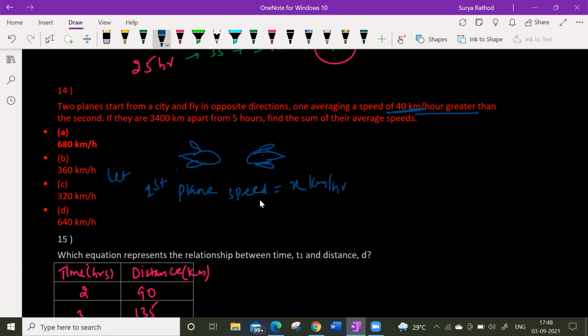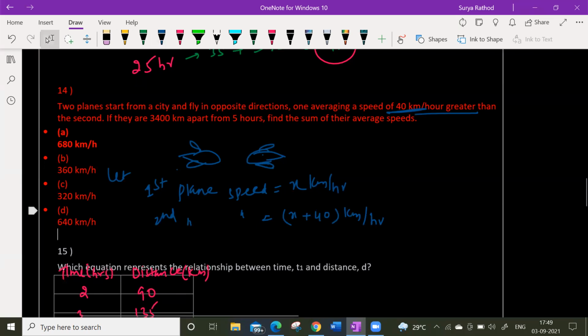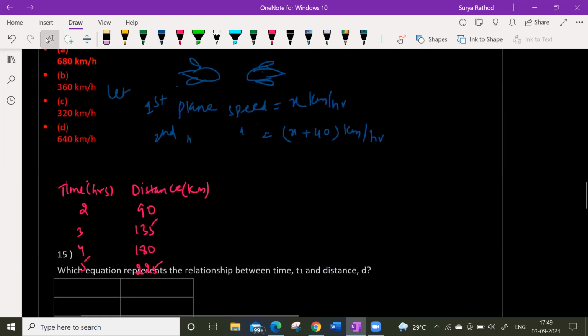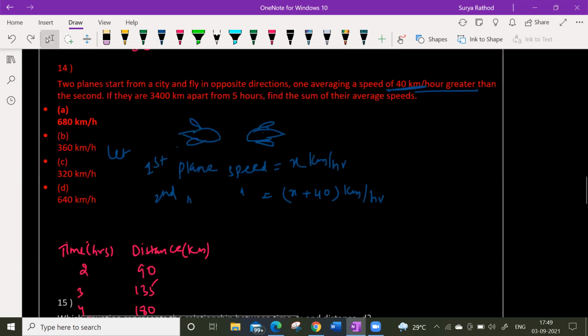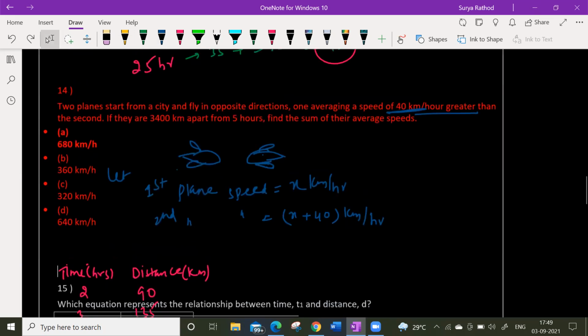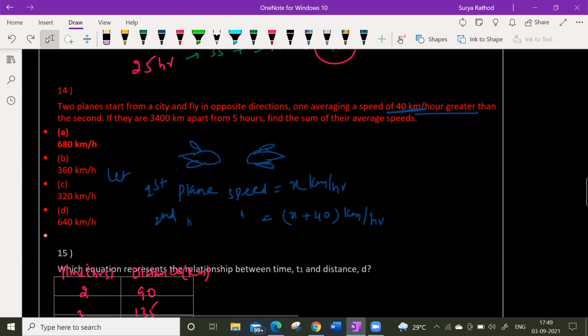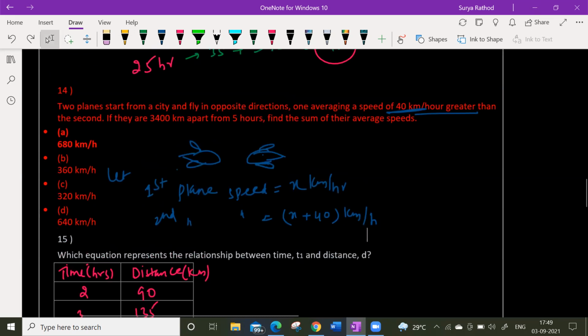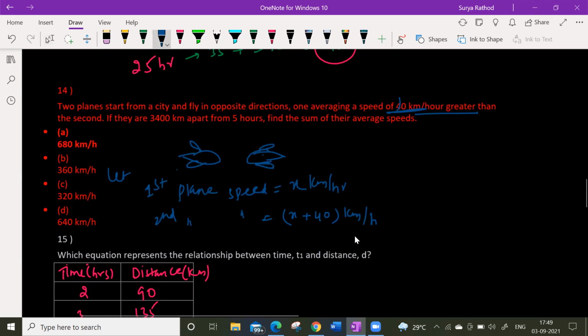The second plane speed is x plus 40 km/h. This is what's happening.